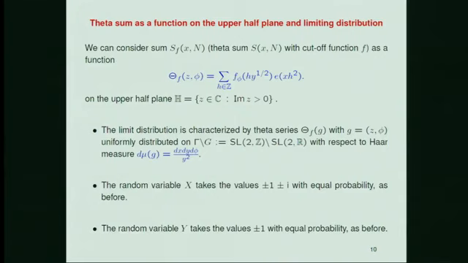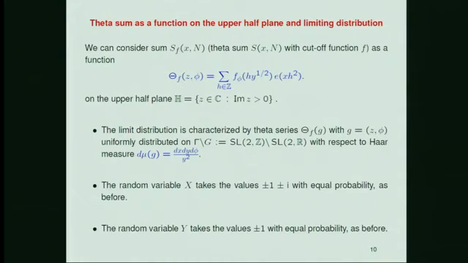This is a function on the upper half plane, which is the complex plane with the imaginary part of the points bigger than 0. Marklof showed that theta f of z phi is equivalent to theta f of z.